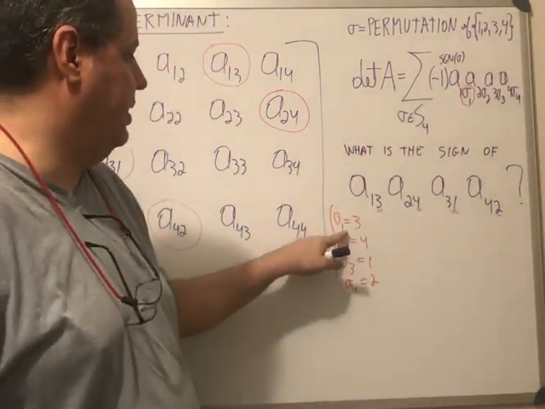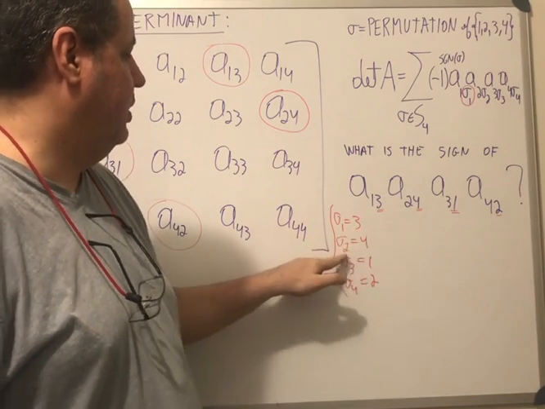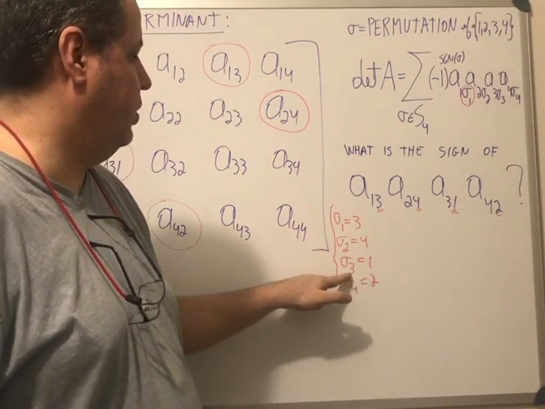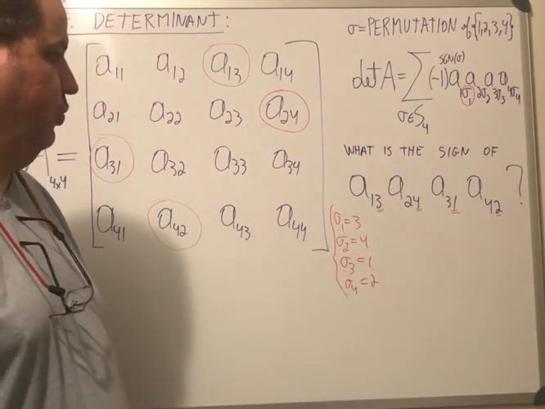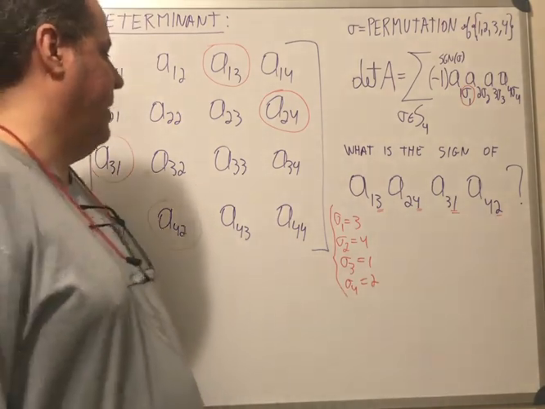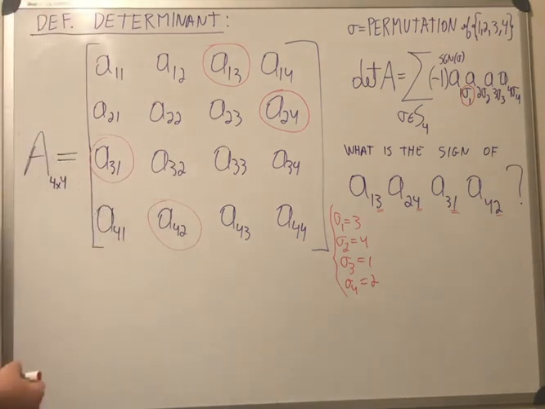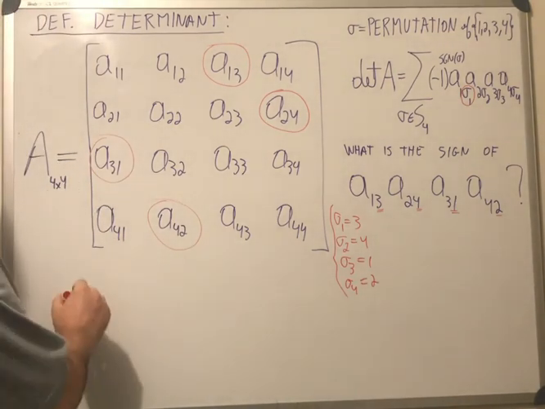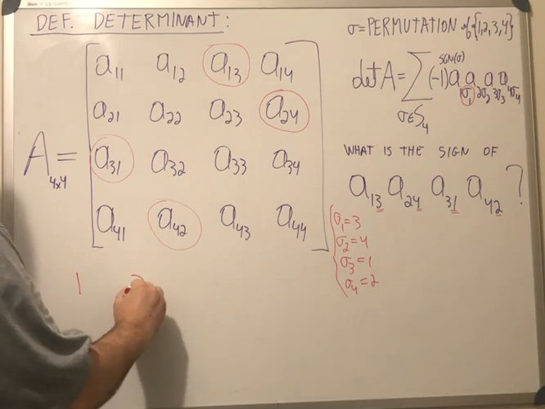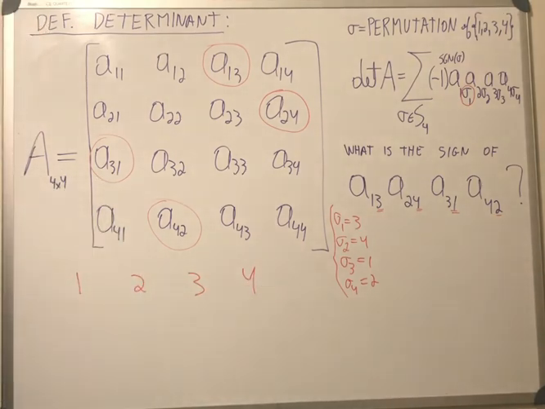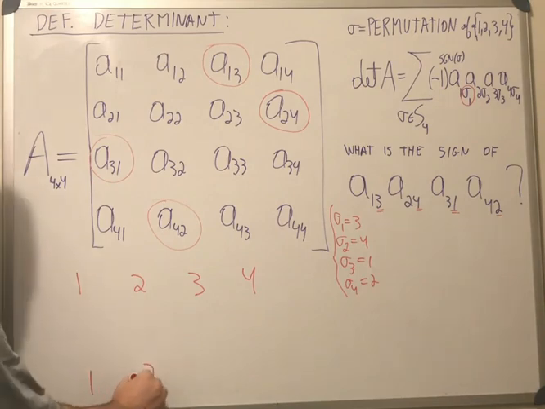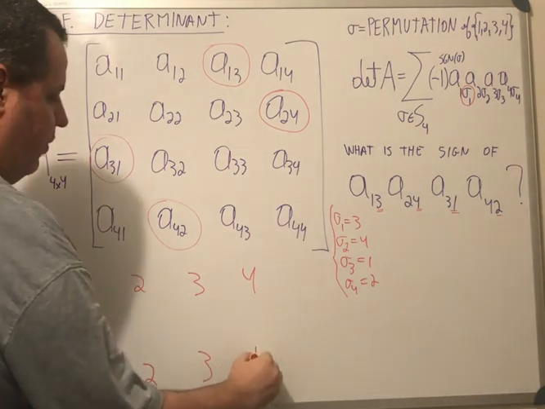The permutation takes the number 1 into the number 3, the number 2 into the number 4, the number 3 into the number 1, and the number 4 into the number 2. Okay? I will even draw a graph here to illustrate that. So I will write 1, 2, 3, 4, and here again 1, 2, 3, 4.